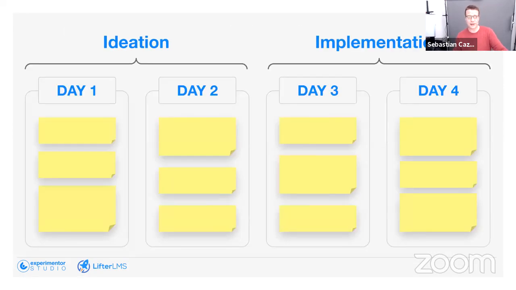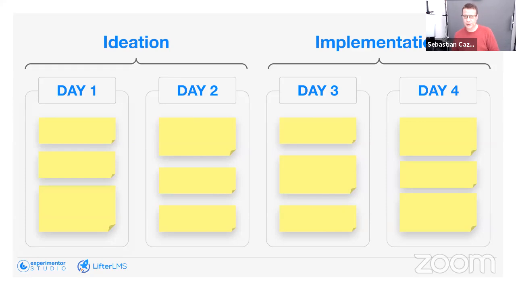Basically, we can say that in the first 2 days, we are doing ideation. We are not touching the development part. In the first 2 days, we are not doing anything like creating content or setting up the learning management system or creating lessons or courses, nothing of that. We are just ideating.